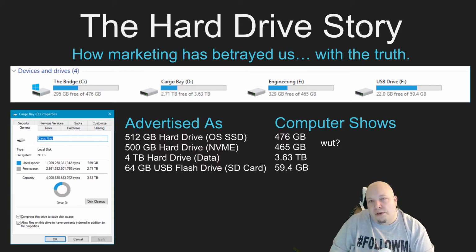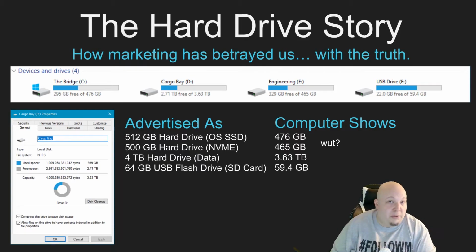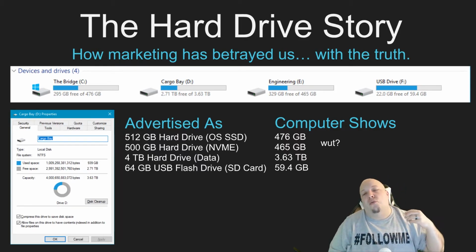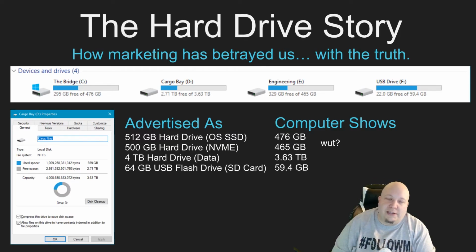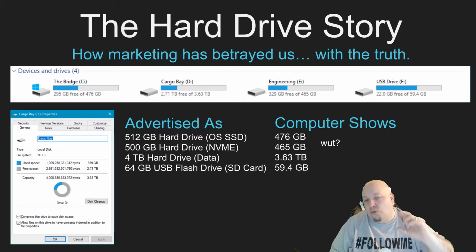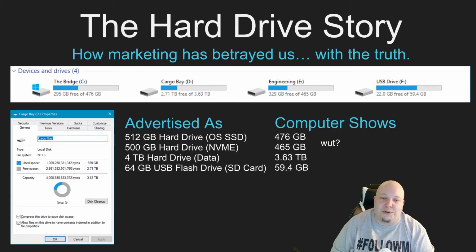But Windows is a binary-based computer, and Windows sees and refers to your storage in base power of 2, not base power of 10. So when Windows tells you how much space your hard drive is taking, it's going to represent that in base power of 2. So Windows shows you that your computer says it's 3.63 terabytes, but you're still actually having 4 trillion bytes of data.